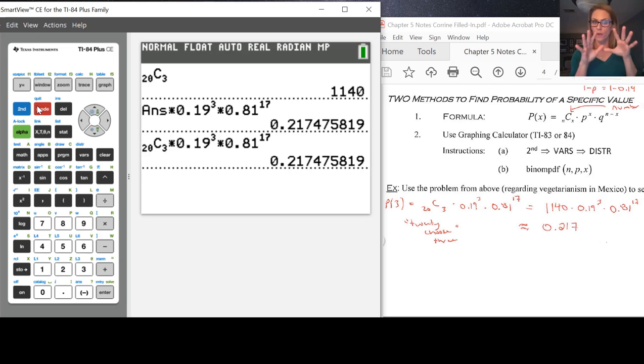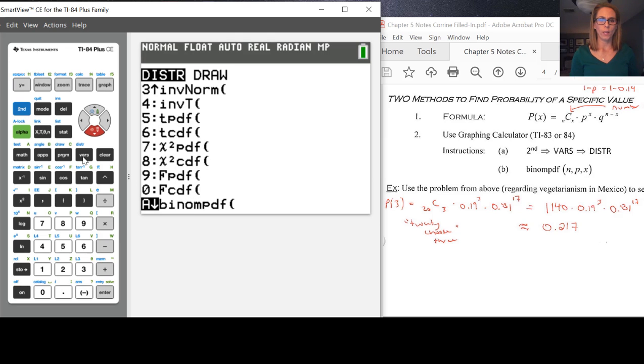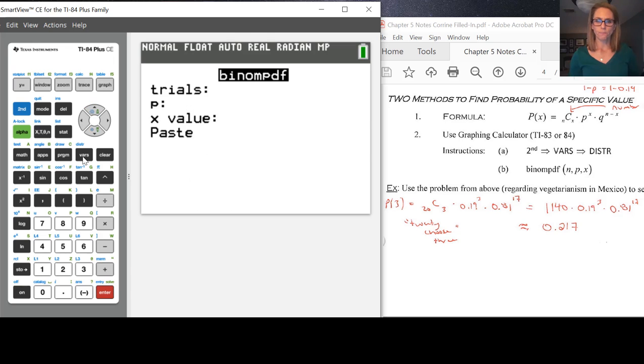The second way to find this same exact answer is to use Binompdf, which does the whole thing for us. What we've done here is a little bit of work ourselves. And to use Binompdf, we go second VARS, we scroll down, we have to keep on scrolling, we get to Binompdf here, it's A, we press enter. And now we have some questions for us.